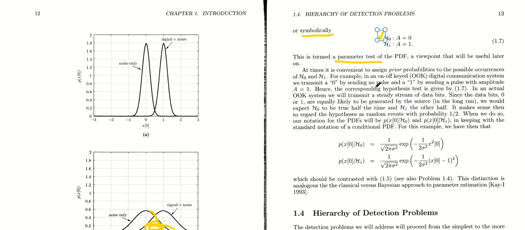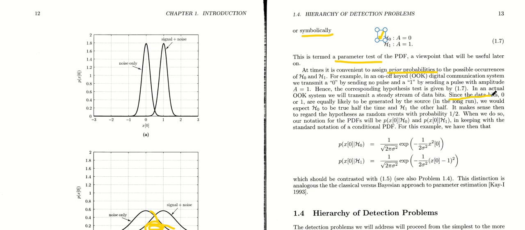At times, it is convenient to assign prior probability to the possible occurrence of H0 and H1. For example, in some digital communication systems, a 0 and 1 are sent with amplitude A equal to 1, and the corresponding hypothesis is given by that. This is like BPSK, similar stuff.